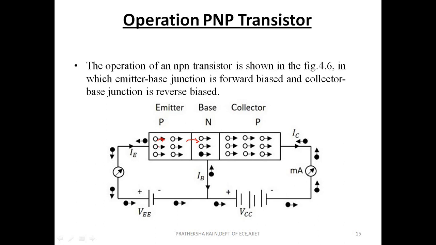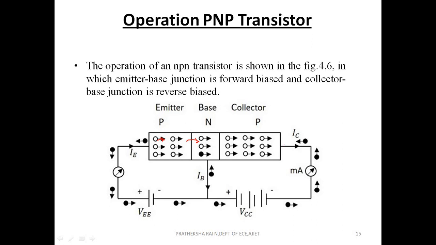If we see the direction of the current, the emitter current is moving inwards, the base current is moving outwards, and what about the collector current? The collector current will also be moving outwards.